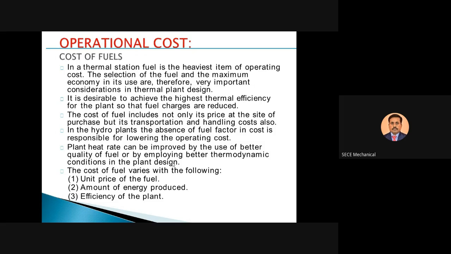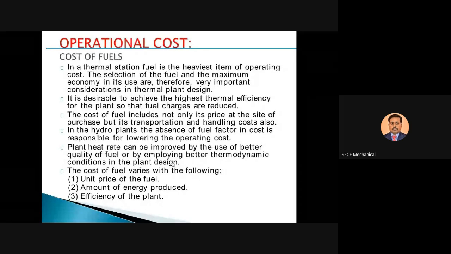While designing a power plant, we have to think about what type of fuel we are using, and how much power we are producing with the help of the power plant. How much energy can we generate, and what will be the cost of tariff? If we supply to some agents, what will be the tariff, what will be the fuel cost, and how can we tackle that and make a profit?